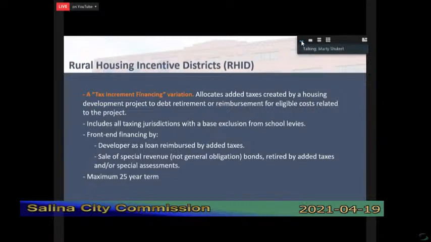The first program, that I know something about because I've been involved in it, is the Rural Housing Incentive District, or RHID. And I know that Salina has not, I thought you had, but has not done one yet, but you have several coming up.